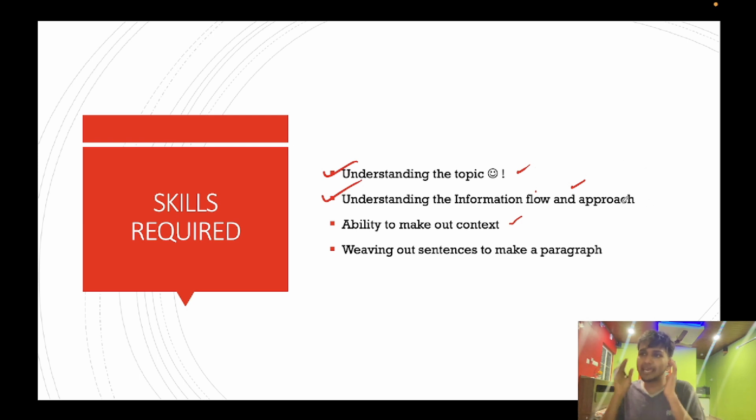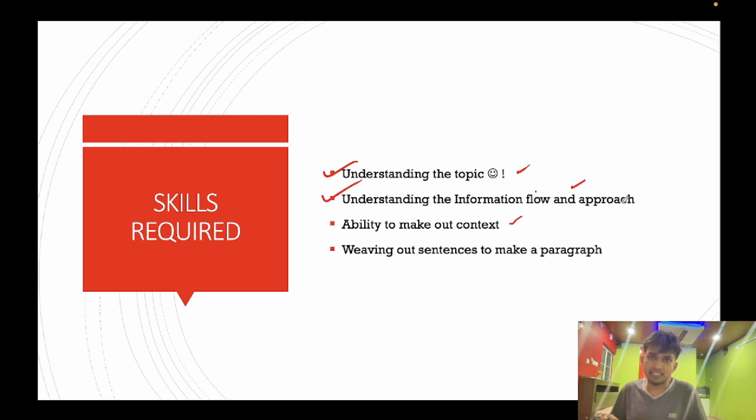Okay, so by establishing the context, you know what would ideally come first. You know in what style the author would begin, right? So if he is narrating a set of instances, you know that he'll probably begin from the past and move on to what the situation is today, right? Or sometimes the context might be totally different.